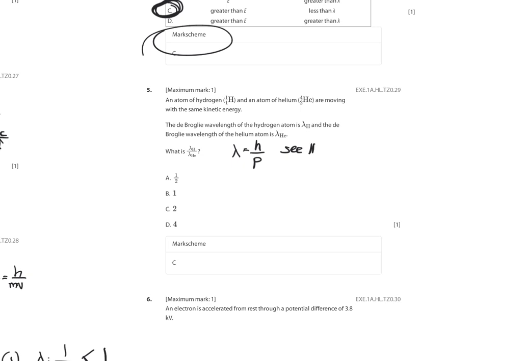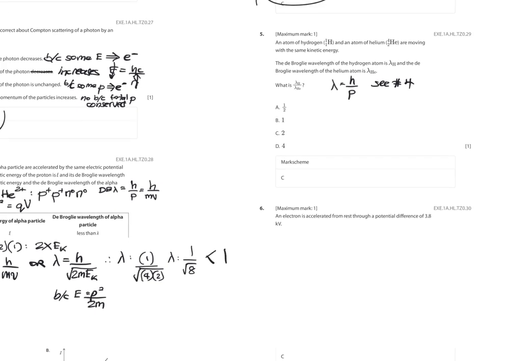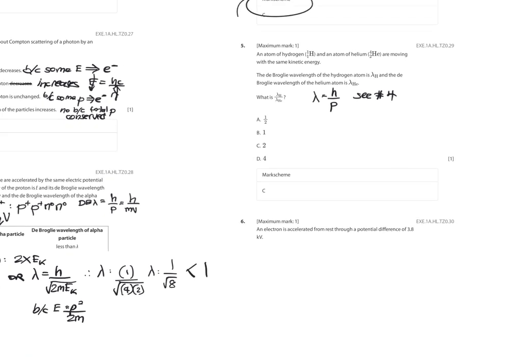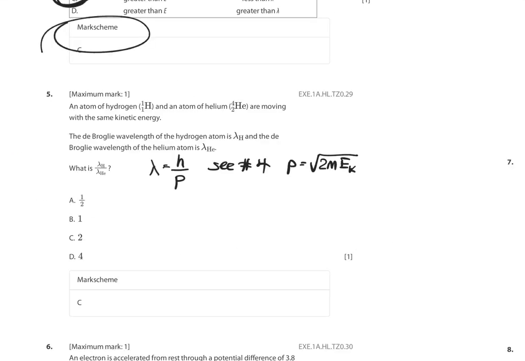We already established that momentum is radical 2 times the mass times the energy. And it says that they have the same kinetic energy, but they're going to have different masses because they have different numbers of nucleons. Hydrogen is just going to be m, and the helium is going to be 4m.